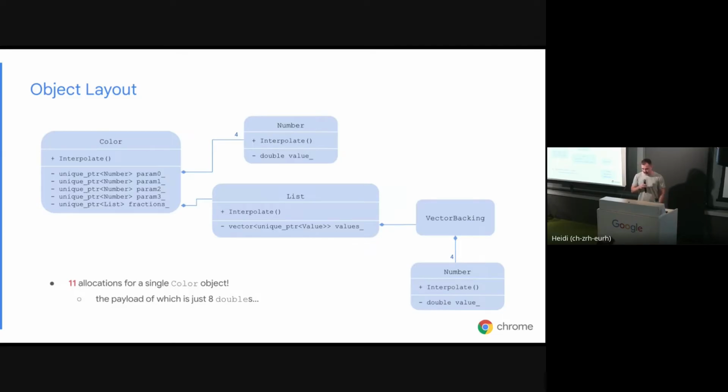This is quite a lot, right? It seems like we have 11 allocations for a single color object. The payload of the color object is just 8 doubles. We pay a lot of overhead for allocations, for out-of-line accesses, and also memory overhead because of pointers.